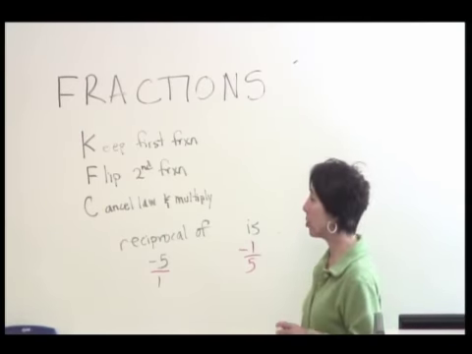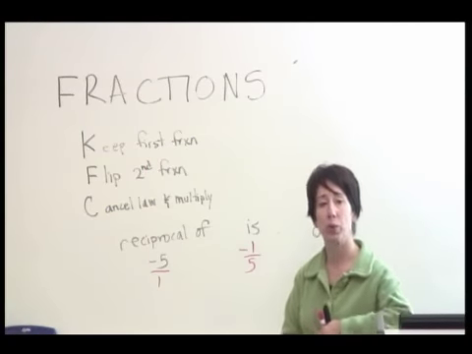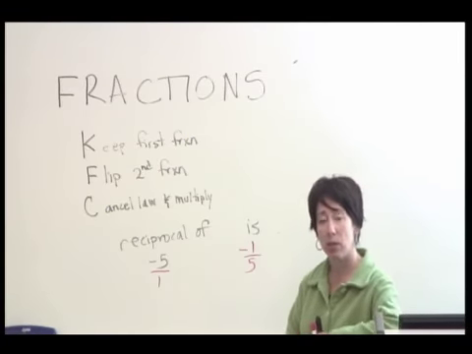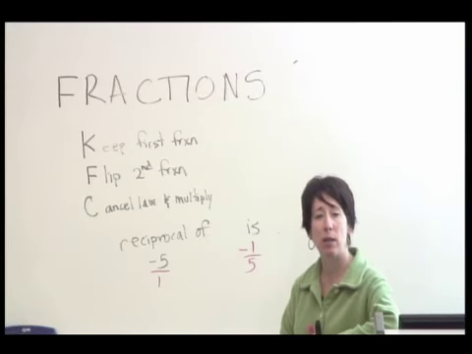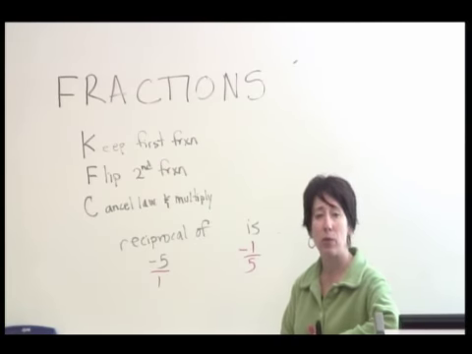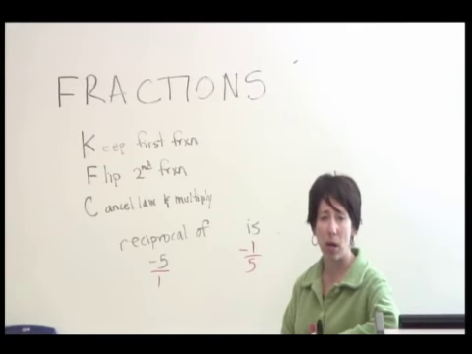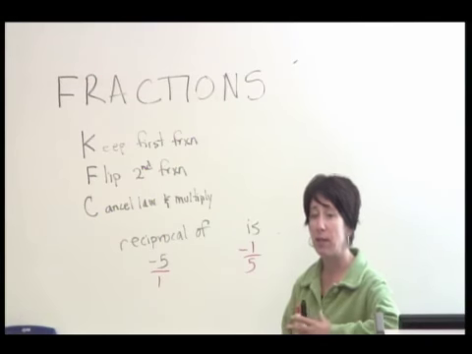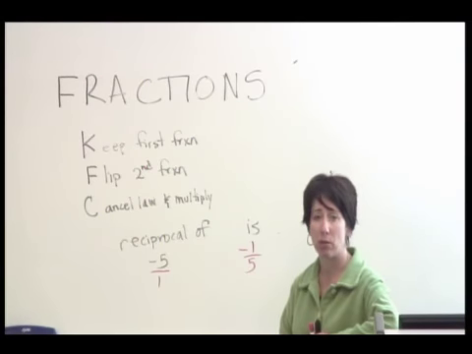And we want to remember when we are dividing our rules for dealing with signed numbers. If we divide two negative numbers, our final answer will be positive. And if we divide a negative and a positive, then our final answer will be negative. And the same rules go for multiplication.